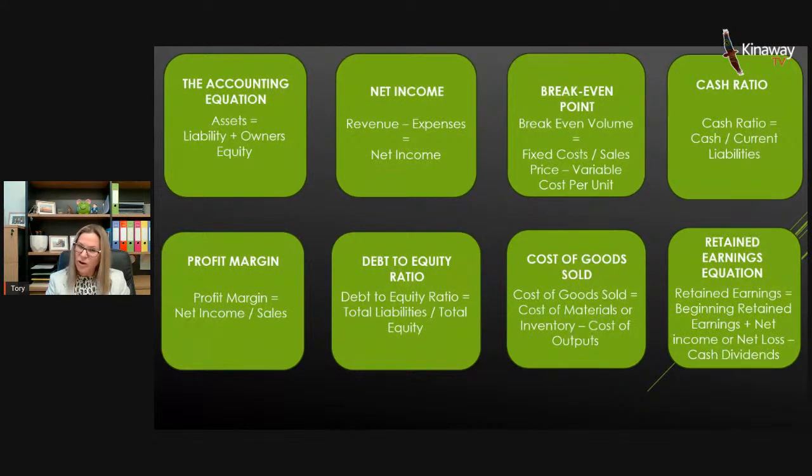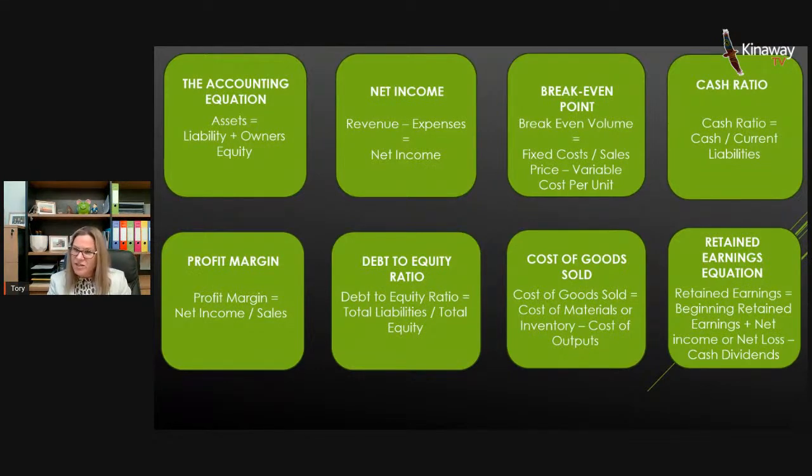So by subtracting the costs of those outputs against those materials, you'll get to know your cost of goods sold. Now, this actually tells you if the costs that you're paying to make your product are in line with the revenue that you earn when you're selling it.